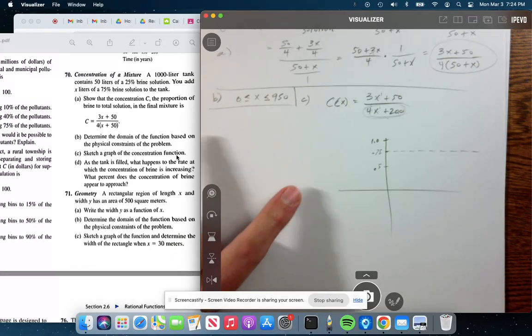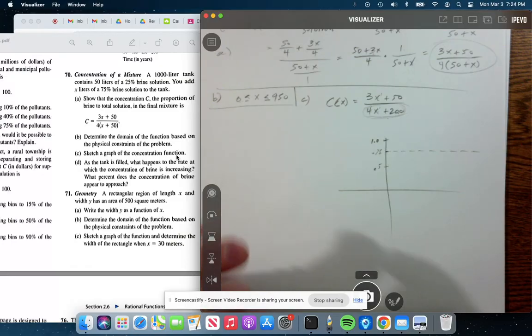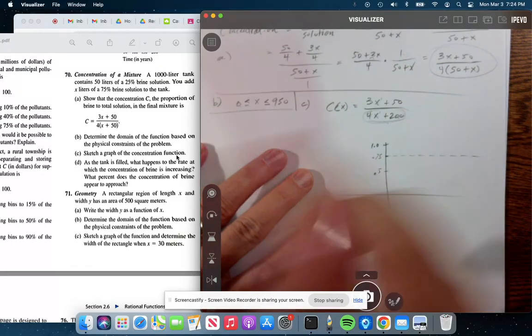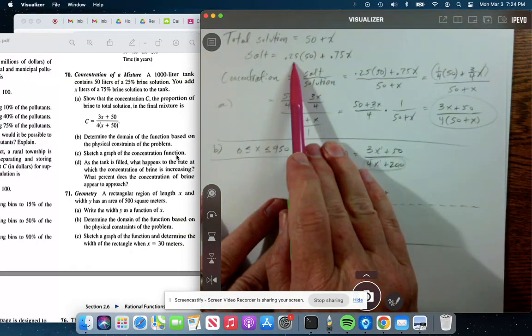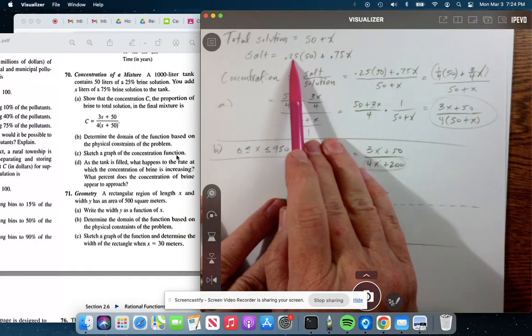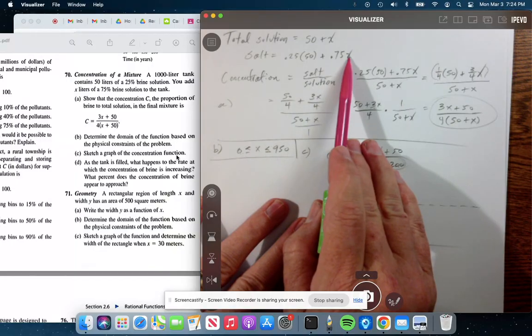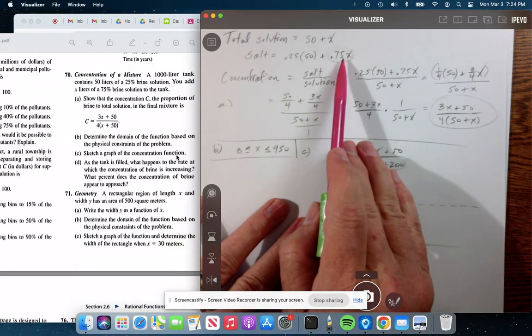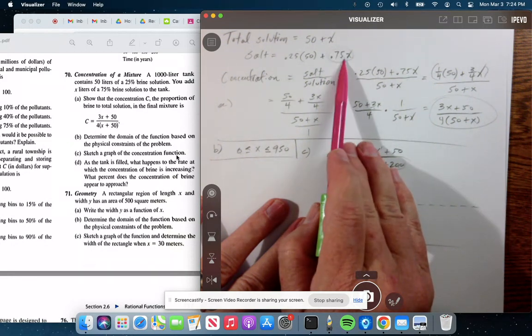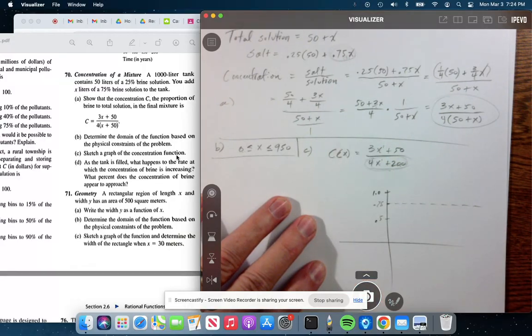It can't go more than 75% salt. Which makes sense because, remember, you had 50 liters at 25% salt, and then X is a 75% solution. So the more of this you add, the closer to 75% this is going to get. I hope that makes sense.